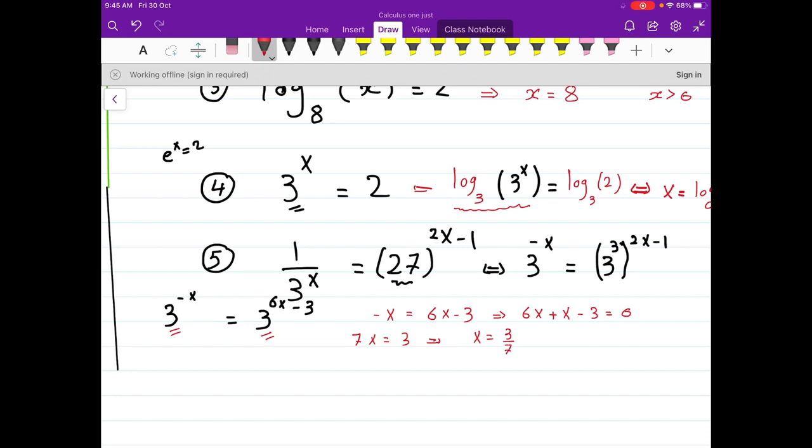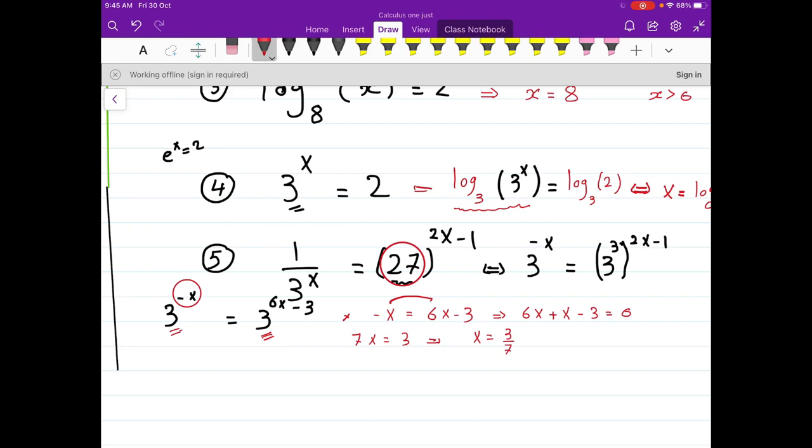So 1 over 3 to the power x is equivalent to 3 to the power minus x. And we write 27 as 3 to the power 3. Now 3 times 2x is 6x, minus 3. The bases are equal, so the exponents are equal. So minus x equals 6x minus 3, equivalent to 6x plus x equals 3.